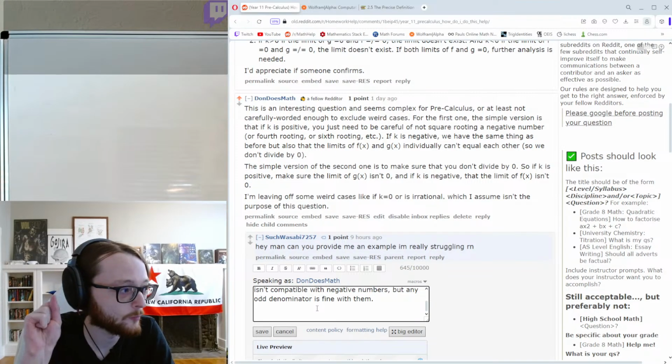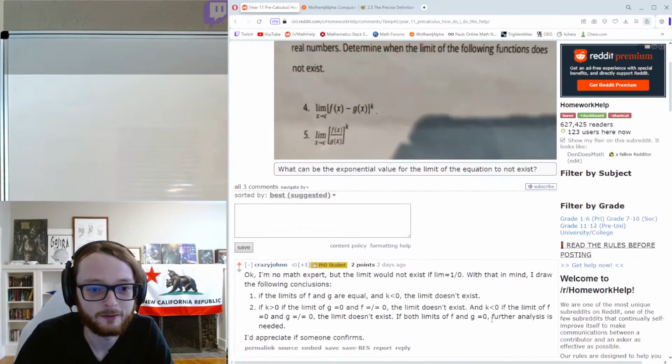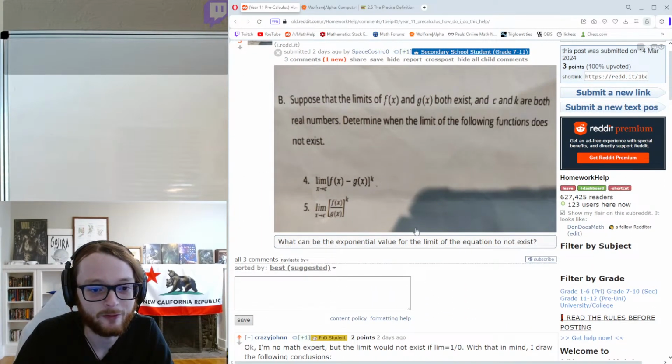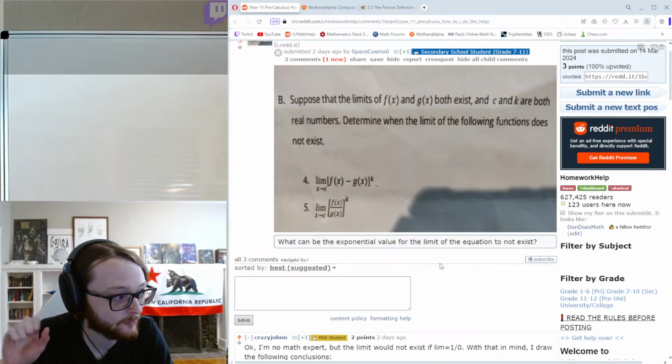Yeah, that's all. There's more that I could say on this first thing with f of x minus g of x to the k, but let's just try and keep it simple because the person said they're really struggling, so.